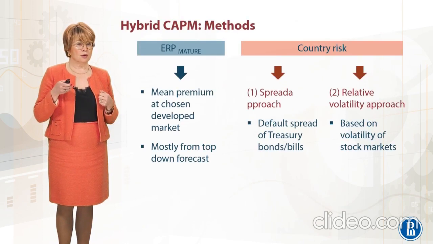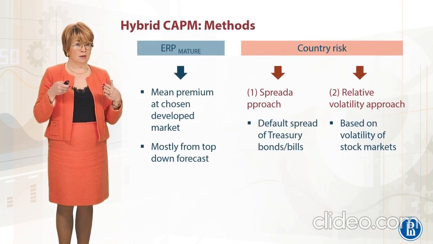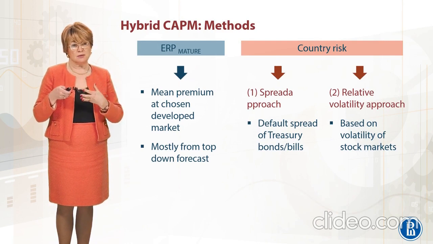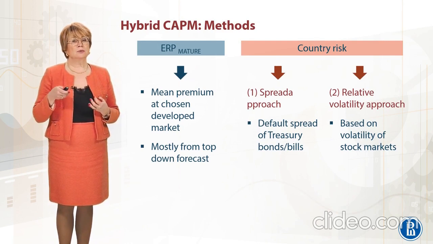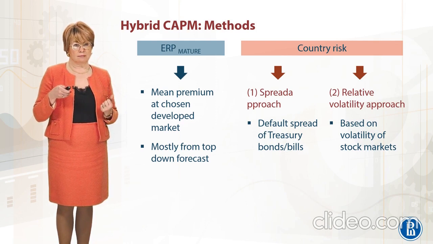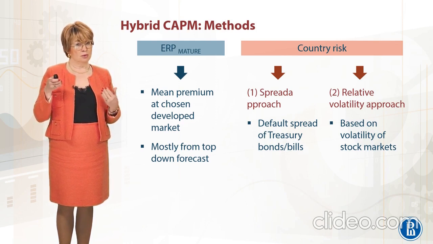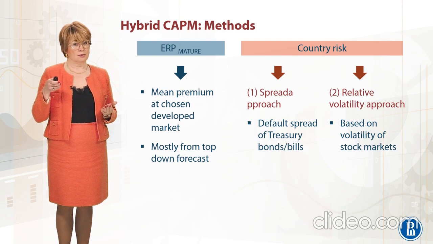That slide shows how we are going to adjust for country risk within the hybrid capital asset pricing model approach. One approach could be based on the so-called spread adjustment.